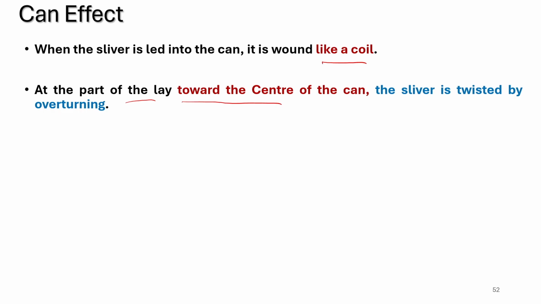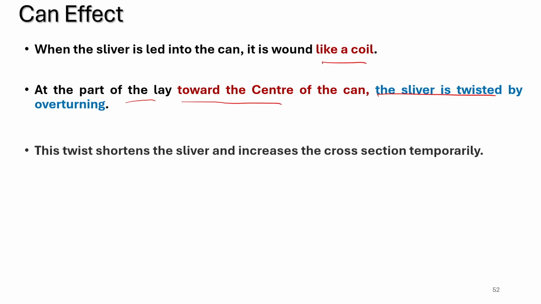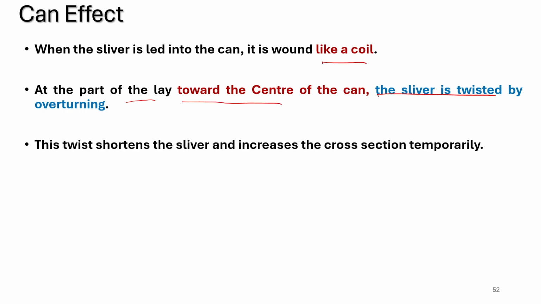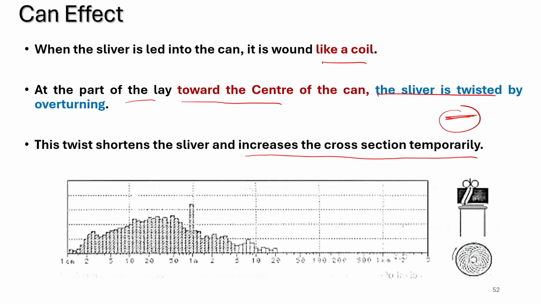So during laying, the sliver gets twisted, and twist shortens the sliver and temporarily increases the cross section. So it shortens the length, so that it becomes thicker, and due to that we get a peak.